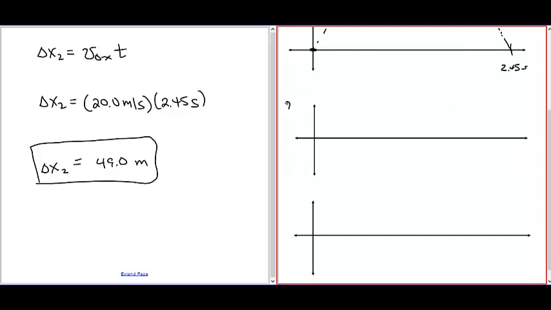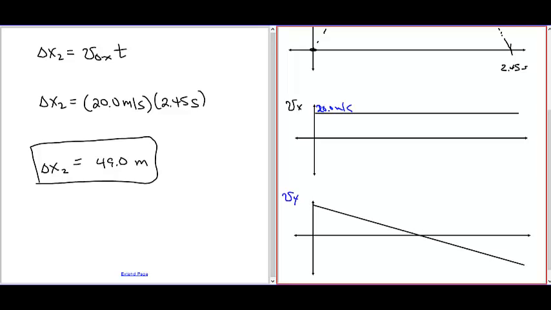The x component of velocity here is just constant, just a horizontal line, it's positive, and the value is 20 meters per second, constant. Whereas v sub y starts out as positive, it's going up, and then it ends up being negative.